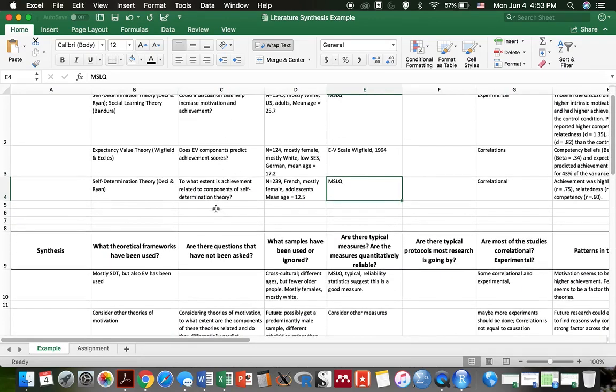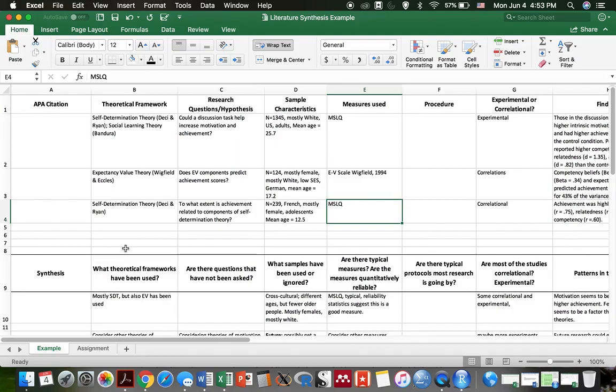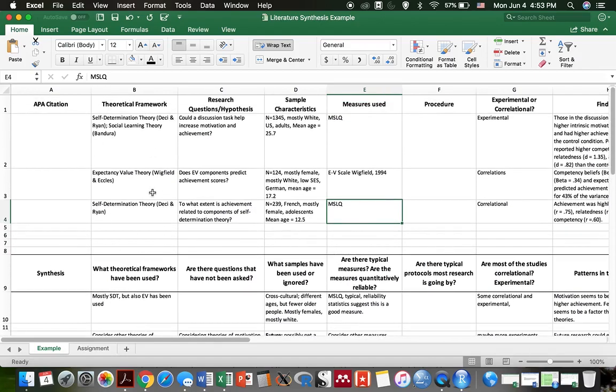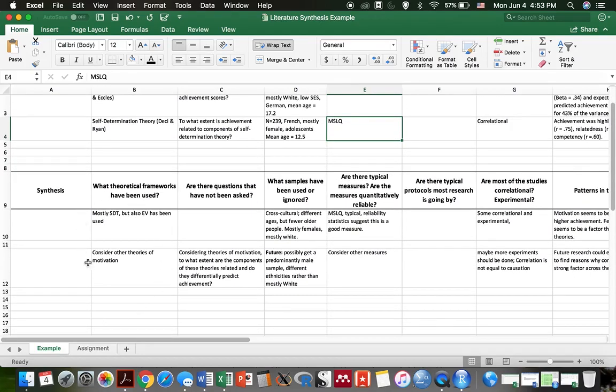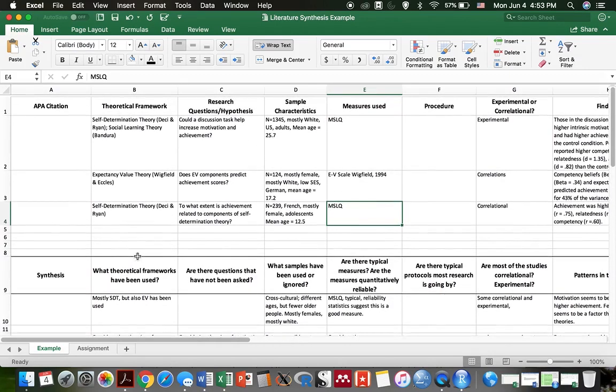You find patterns in these things as you're looking through multiple sources. And again, what theoretical frameworks? Okay, it mostly comes from this specific framework. Are there other theories I can add to it? Are there other theories that say something else that hasn't been studied? So I hope that helps.